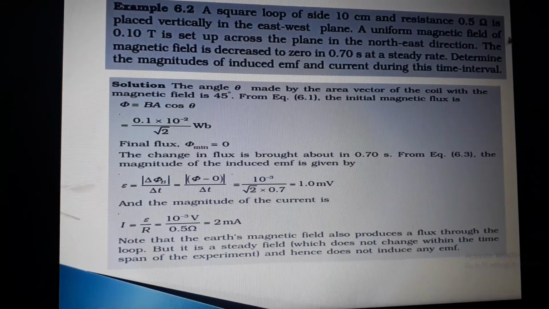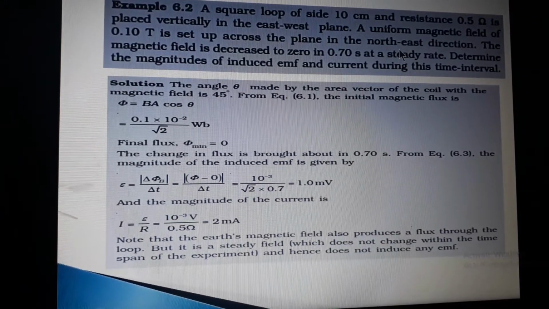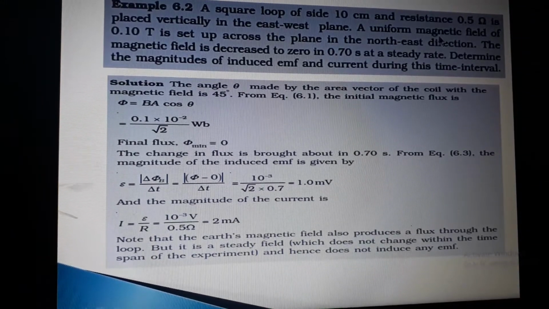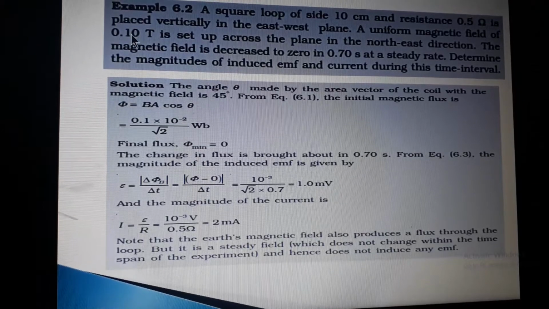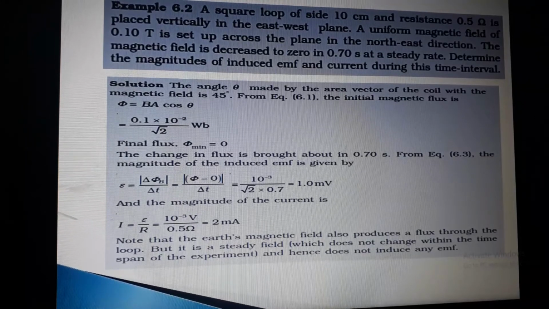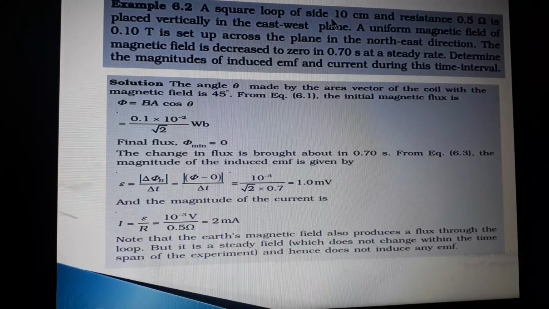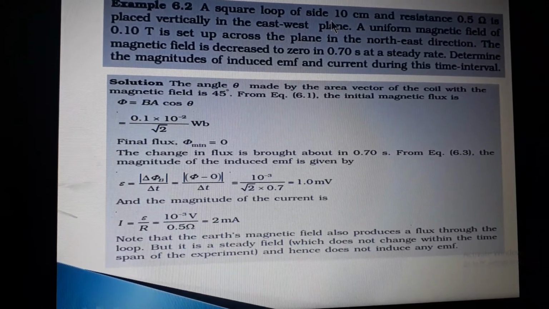A uniform magnetic field of 0.10 T, that means B = 0.10 Tesla, and the resistance 0.5, that means R = 0.5. Square loop of side 10 centimeter, that means the area of the square loop is 10 into 10, which is 100 centimeter square.